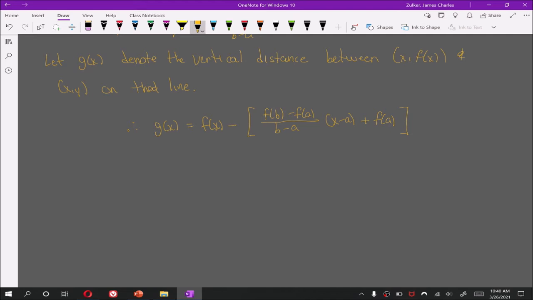Right, so since the graph of f intersects the secant line, because that's exactly the line that we created, at x equals a and x equals b, we have that g of a is equal to 0, which equals g of b. Right, so g at the endpoints are equal. What we're trying to do is establish that g of x satisfies Rolle's theorem.